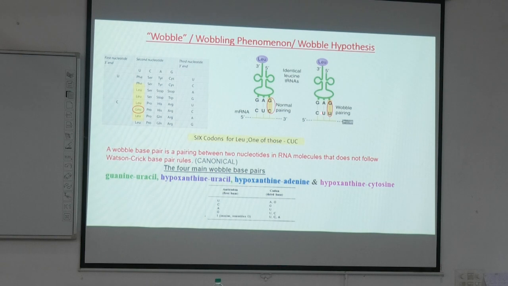This is wobble pairing. A wobble pair is a pair between two nucleotides that doesn't follow the Watson-Crick rule. There are 4 main wobble pairs, that is guanine-uracil, hypoxanthine-uracil, hypoxanthine-adenine, and hypoxanthine-cytosine. You must remember these things, they are factual information. These will be required.